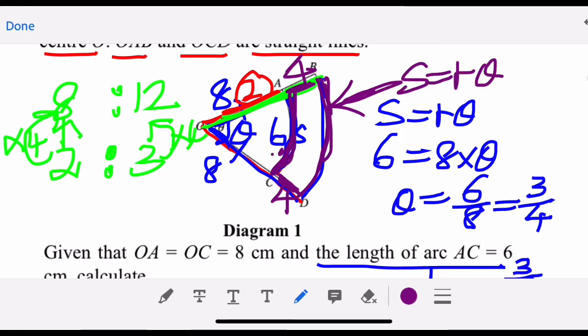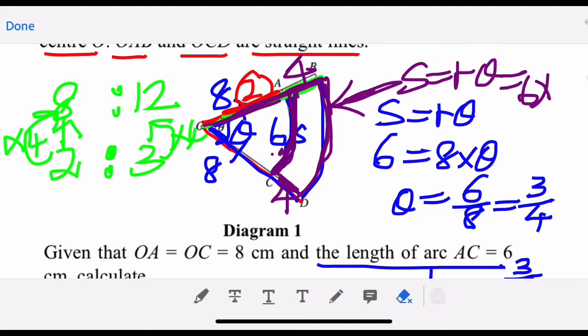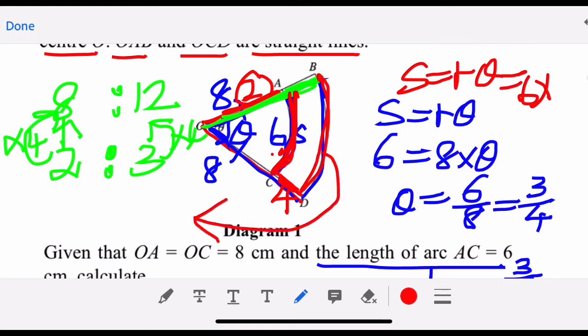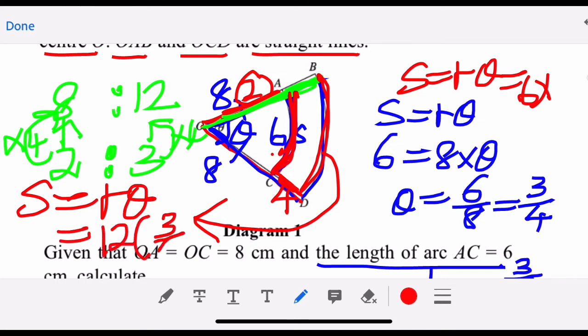You use S equals r theta. R is 8 plus 4, which is 12, and theta is 3 over 4. Simplify, and you get 9.